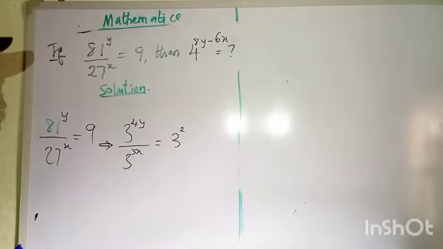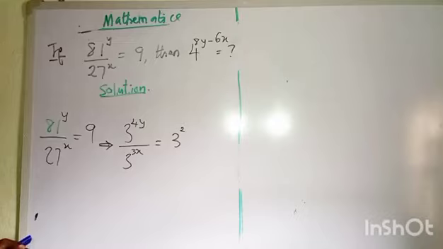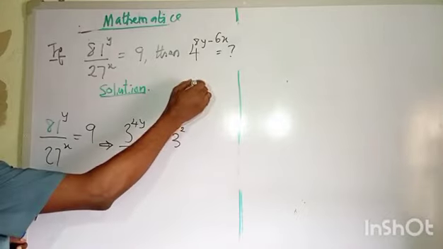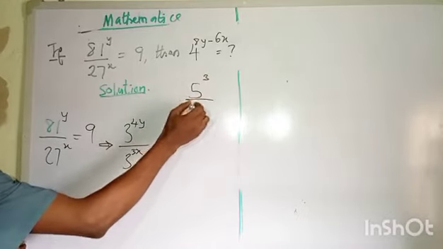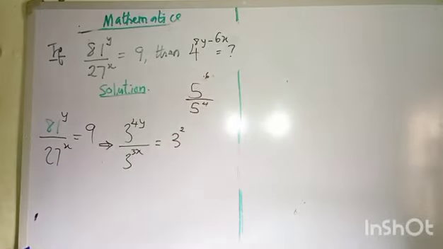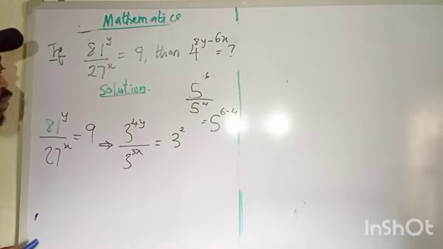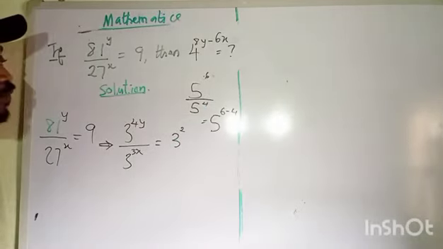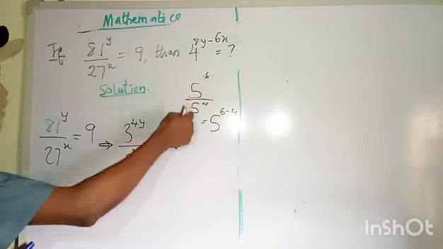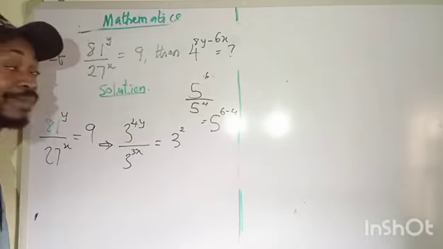Okay? So from the law of indices, we can rewrite this expression. The law states that if you have something like 5 raised to the power 6 all over 5 raised to the power 4, this can be written as 5 raised to the power 6 minus 4. It's a law of indices. It means you just take one of the bases, and because they are dividing each other, the powers are going to be subtracted from each other.